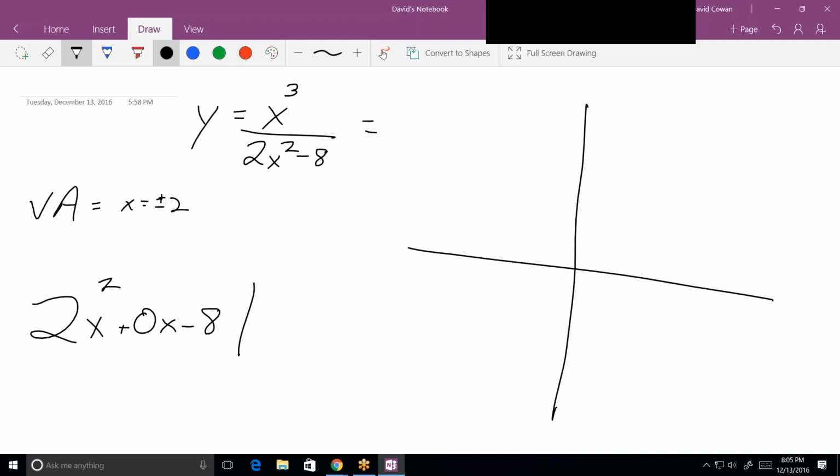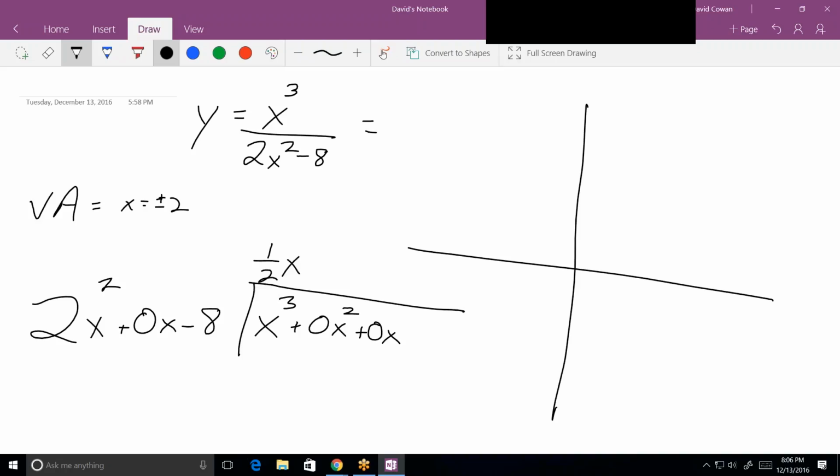So that's what I'm going to divide into x cubed plus 0x squared plus 0x. If I divide 2x squared into x cubed, I get 1/2 x.